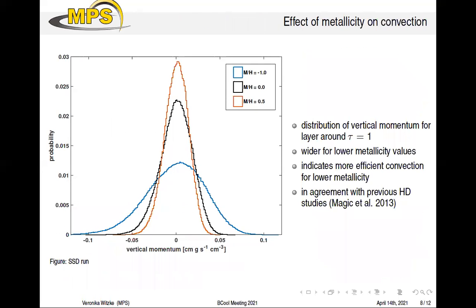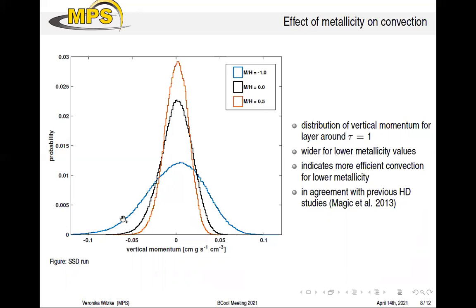First, the effect of metallicity on the convection itself. This plot shows the distribution of the vertical momentum in the layer around the optical surface, and the height of this layer is about 50 kilometers. For the low metallicity case of -1, we have a much wider distribution of vertical momentum.